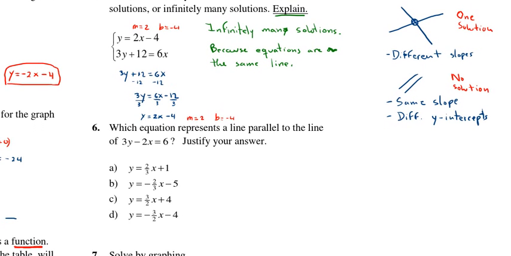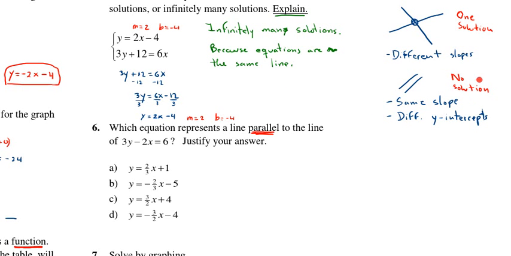In number 6, it says which equation represents a line parallel to the line of 3y minus 2x is equal to 6. Justify your answer. So which of these four is parallel to this one? Parallel, very important. So that has to do with what we just reviewed in question number 5. Parallel lines, we know they have the same slope and different y-intercepts.